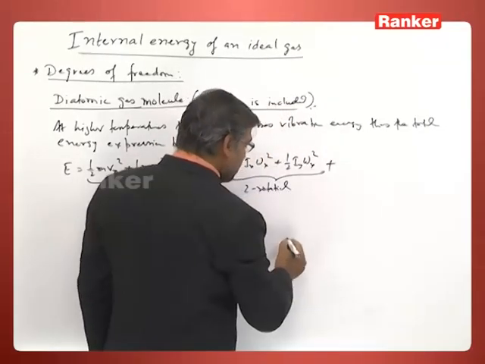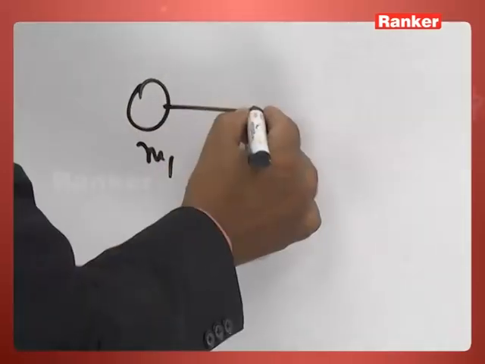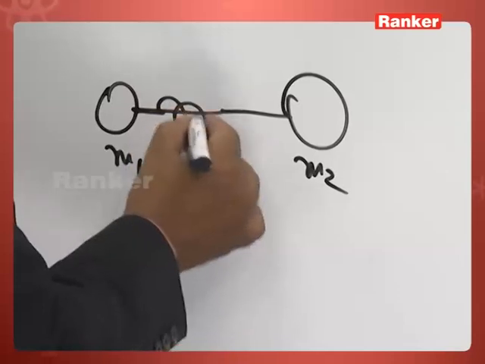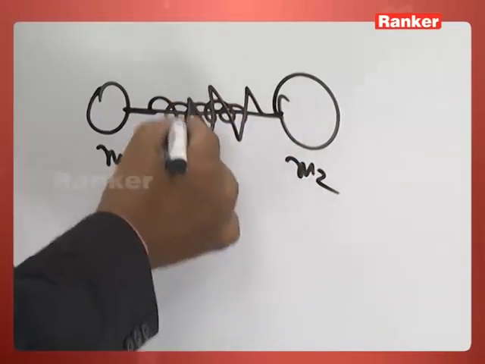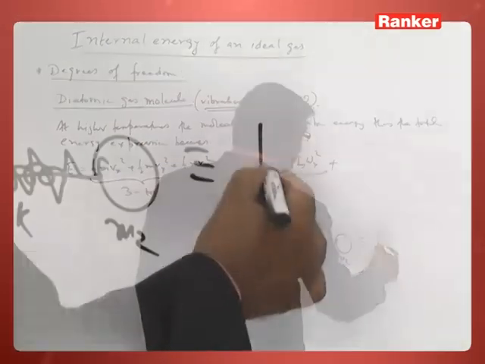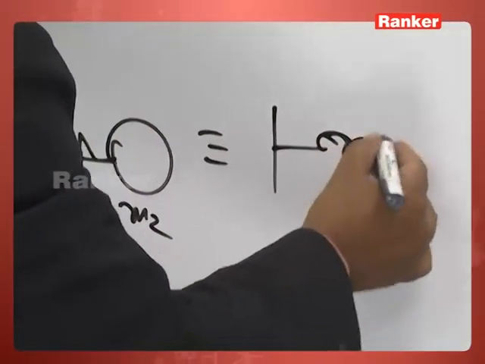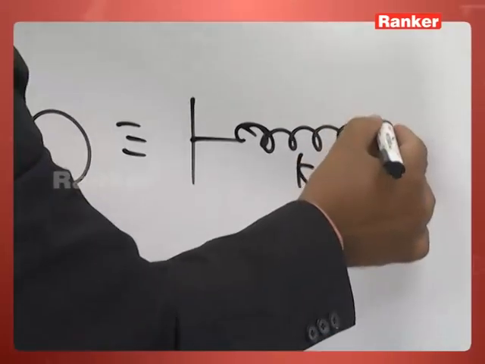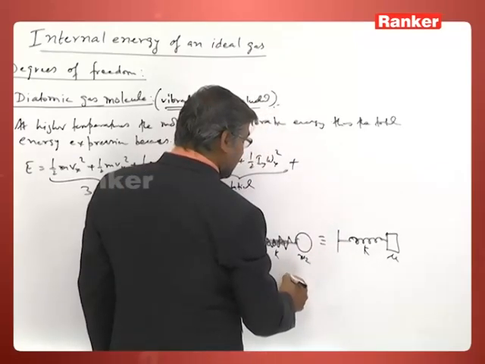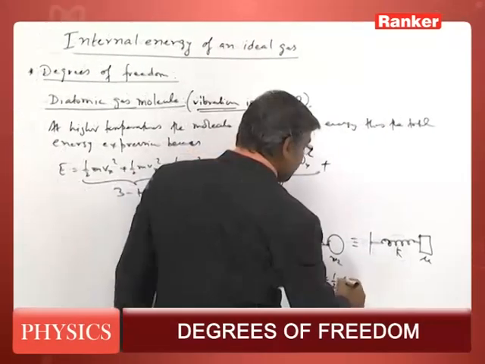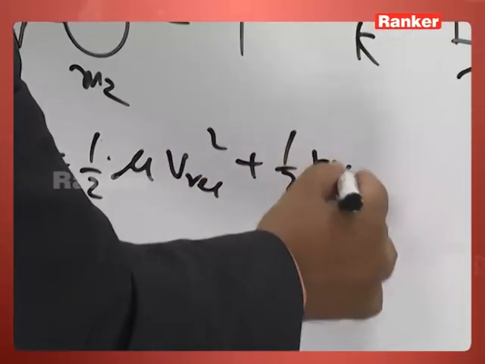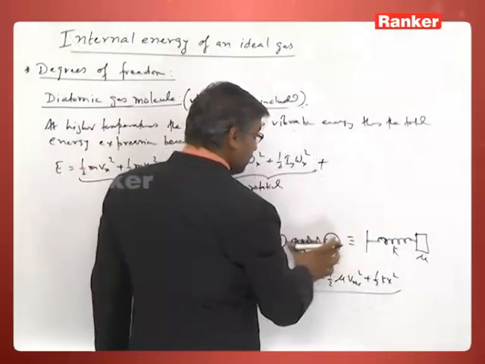You recall, suppose we have a mass m1 and then another mass m2 connected by a spring. Suppose this is a spring of spring constant k, then we can replace this by a spring of spring constant k and a single mass called the reduced mass, and the total energy then becomes half mu v relative square plus half k x square, where v relative is the relative velocity of these two.